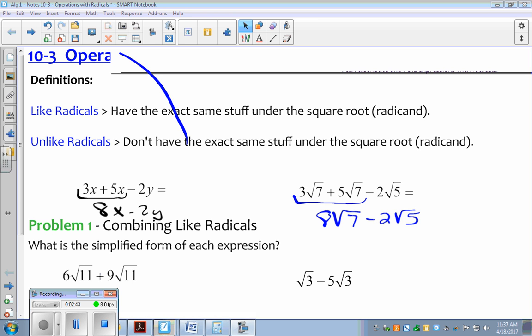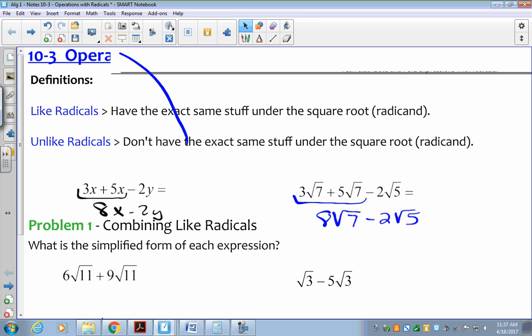I can't combine the root 7 and the root 5 when I've got a minus or a plus in between. It's the same as if I had 8x and a minus 2y. I can't combine those together. If it were multiplication or division, I definitely could do that, but with adding or subtracting, it's got to be exactly the same in order to combine them together.